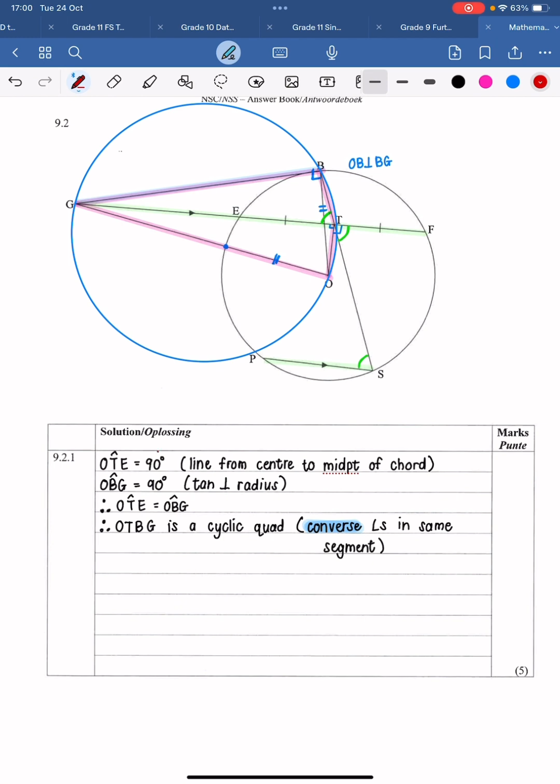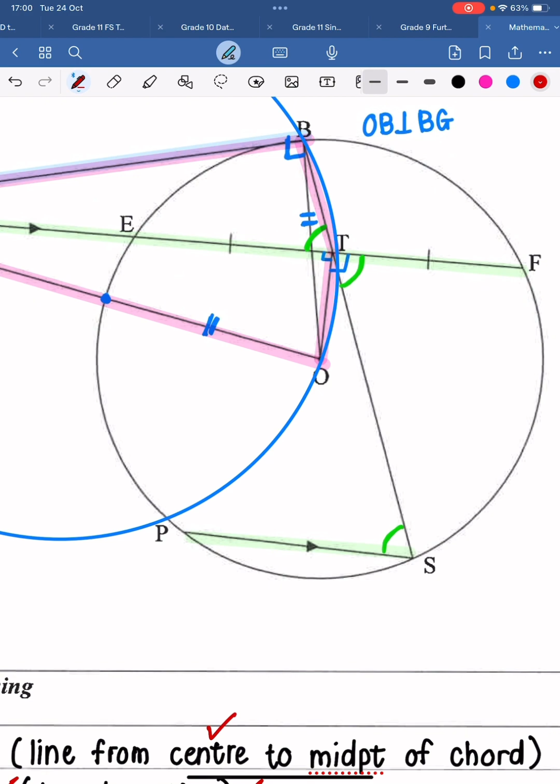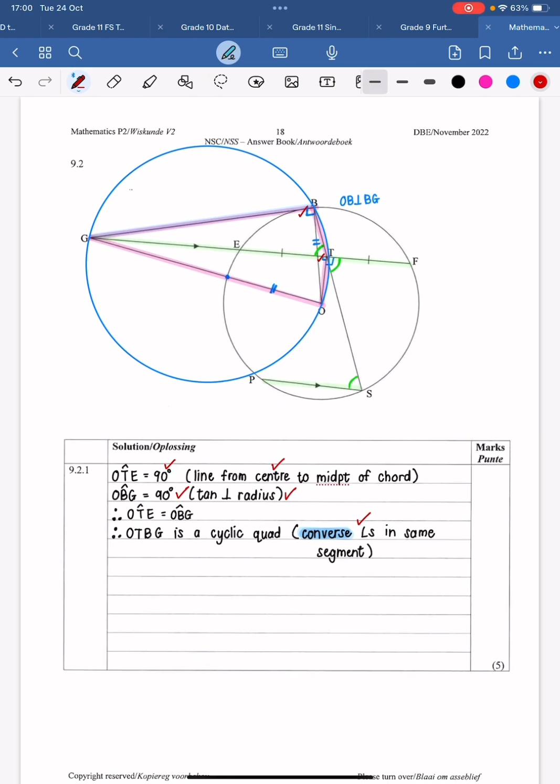Okay, it was 1 mark for saying 90, 1 mark for the reason, 1 mark for saying this 90, 1 mark for this reason, and then a mark for this final reason, converse angles in same segment. Guys, I remember from last year, we gave you 2 marks if we could see this on the picture and that on the picture, even if you didn't write this down in the block. So like I've said before, very, very important that you put that on your picture.